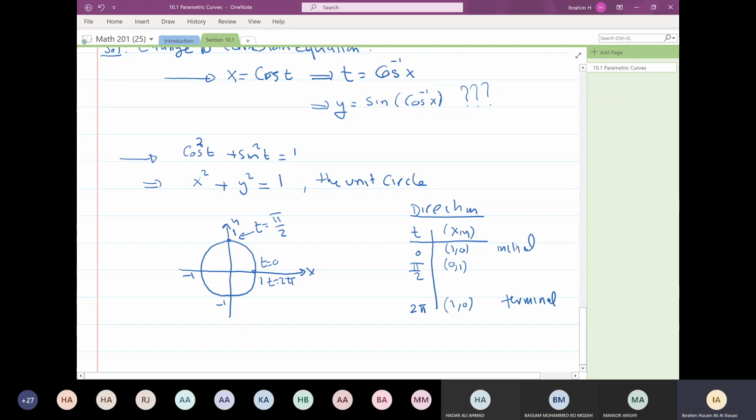Now go in the direction of increasing t: t equals 0, then t equals pi over 2, then 2 pi. So it goes counterclockwise. If you need more, you can take a fourth point, for example pi, if you want to be on the safe side, but 3 are enough.